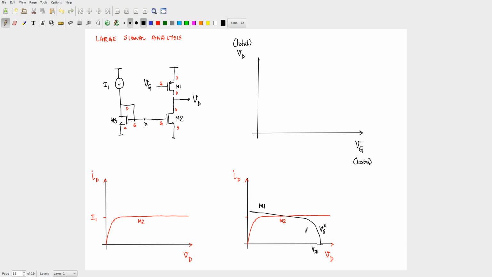Okay. Now let me say I take Vg equal to 0. If I take Vg equal to 0, where do you think this particular M1 line will appear? Will it go up or will it come down? Why? Because what you actually want is the source to gate voltage.